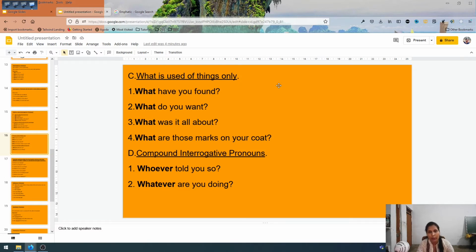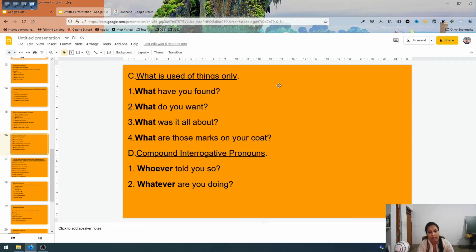I have already told you the meaning of compound in the last session. That is, compound means like a mixture of two or more words. Yes. So here compound interrogative pronoun means here we are using two words to make one interrogative pronoun. Can you see in the sentence it is written whoever. So who and ever are both different words which have been joined to create one word.